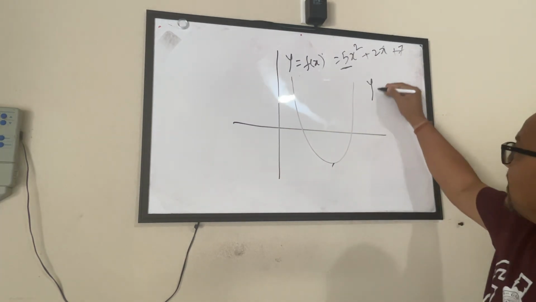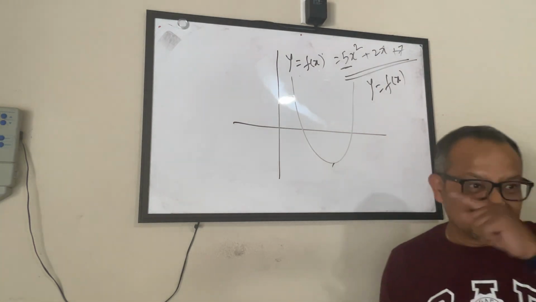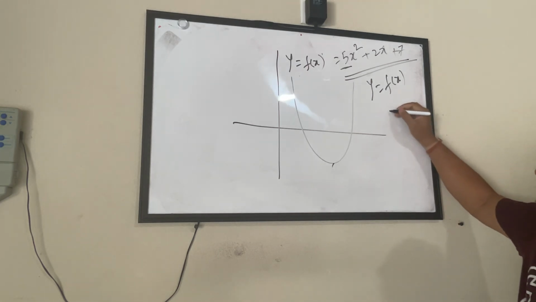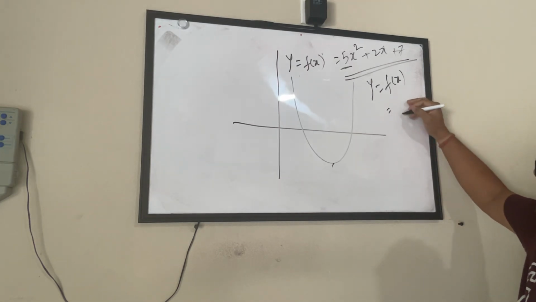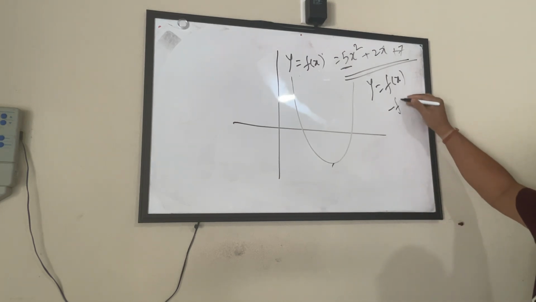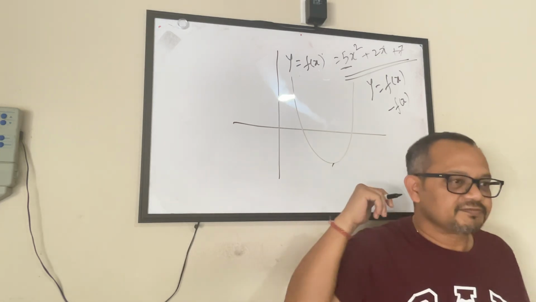Now let's say y, which is a function of x, with this quadratic function is like this. If I find another function which is the negative of this, what does it mean?